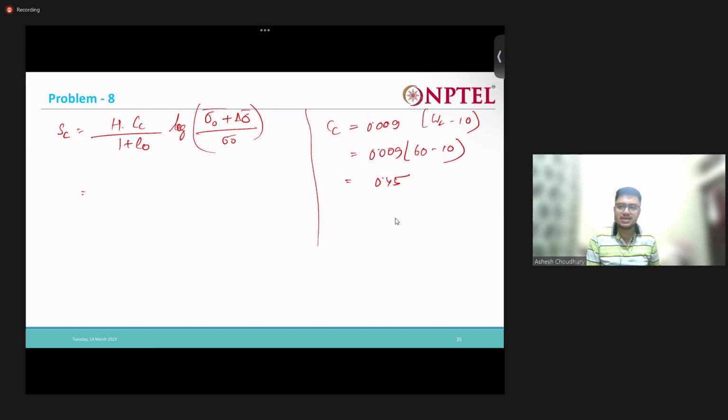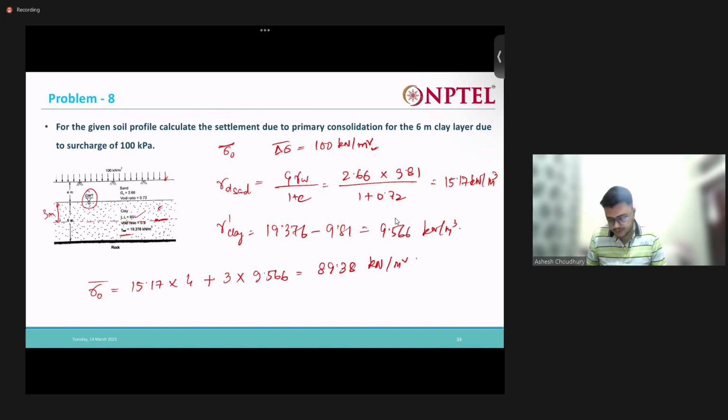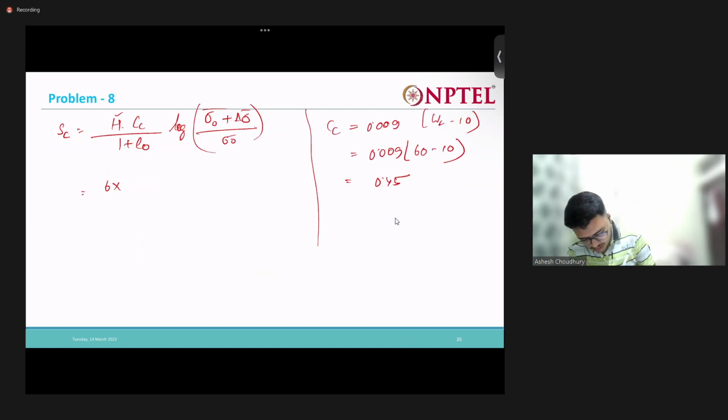So I put the value. What is my H? What is the capital H? 6 meter. So 6 into 0.45 by 1 plus E naught is given to me. What is E naught?